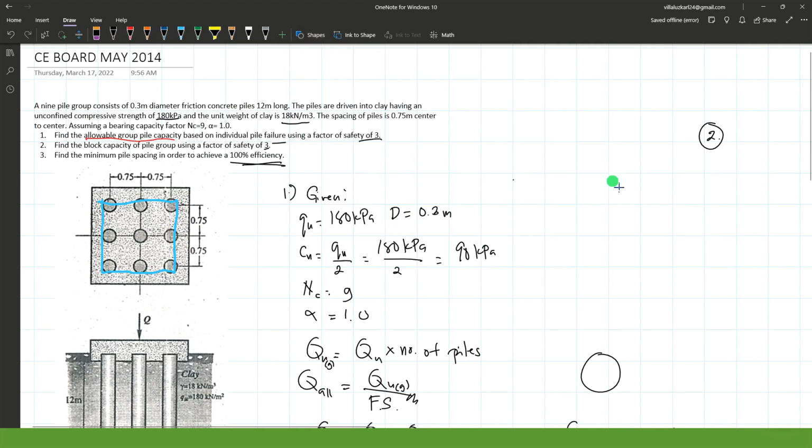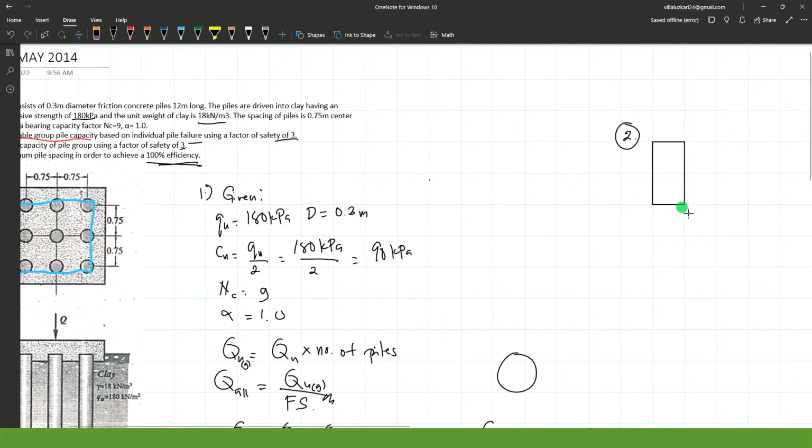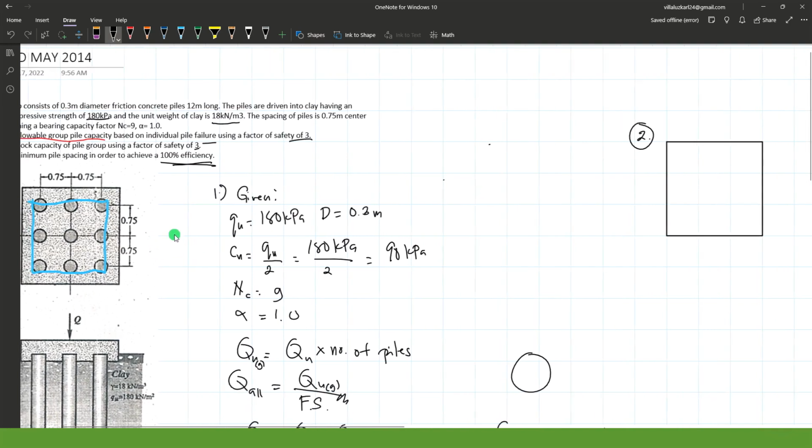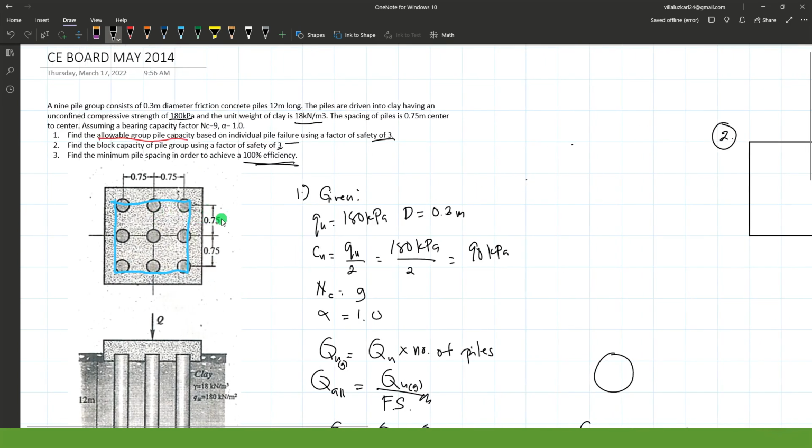So the dimensions of that block: we have a 1.5 total from center to center for this row, so we have to extend it with the radius of each pile on each side.